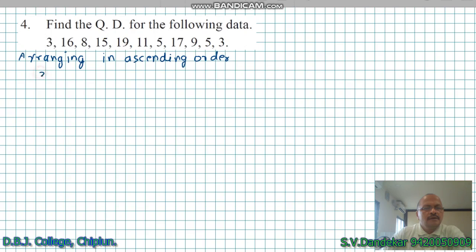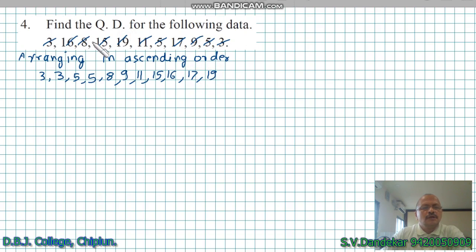Smallest is 3, it occurs 2 times, 3 3, then 5 5 5 5, afterwards 8, then 9, then 11, 15, 16, 17, 19.